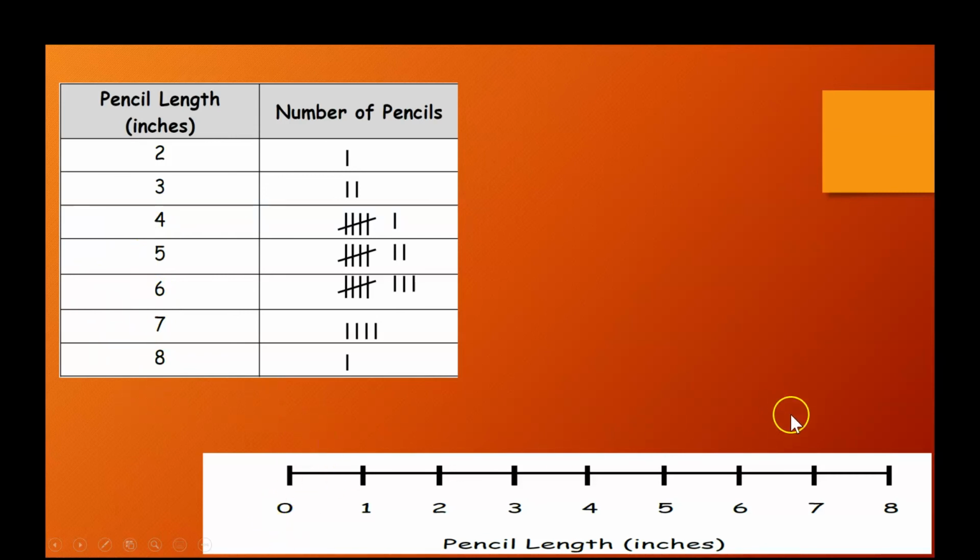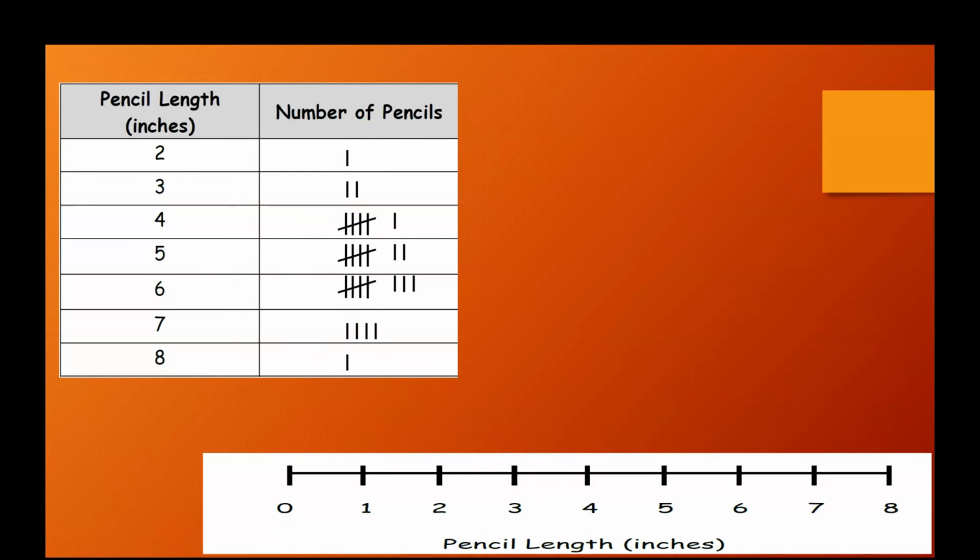Down here we have our number line. And this also says pencil length in inches, so that if anybody is looking at our chart, they know how we measured our pencils. We have our tally marks here. Let's go ahead and set up our number line.